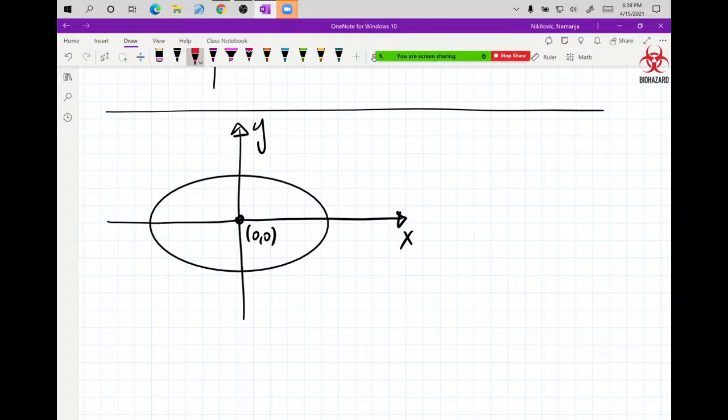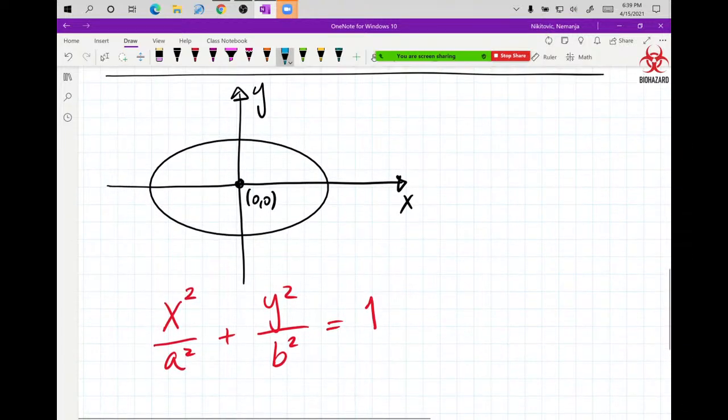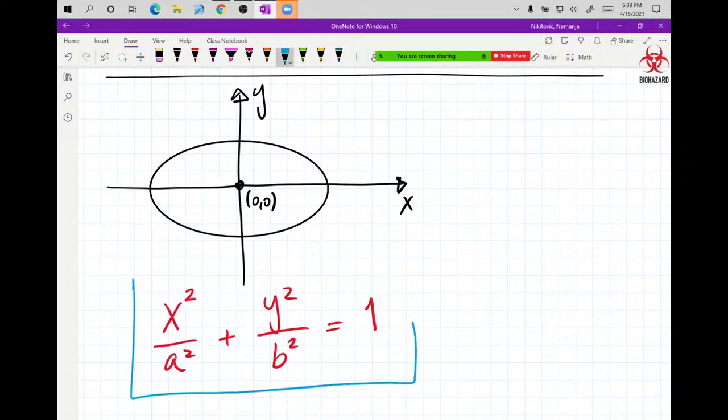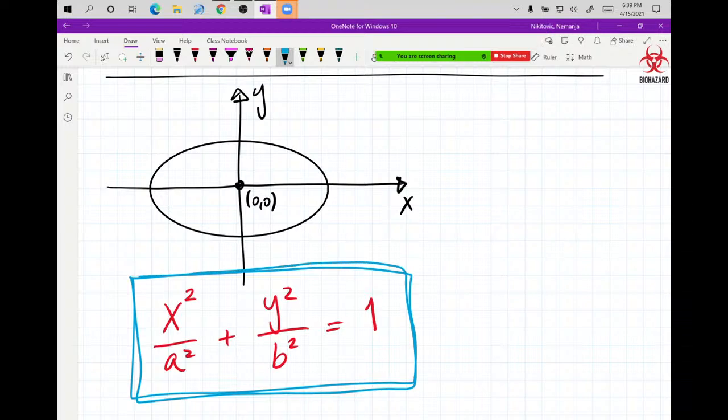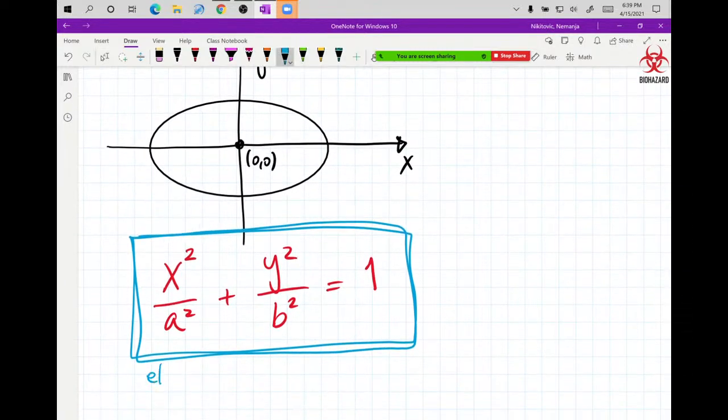And its equation is x squared over a squared plus y squared over b squared is equal to 1. So this is the equation for the ellipse, but we need to know exactly what kind of equation. This is the ellipse centered at 0, 0.